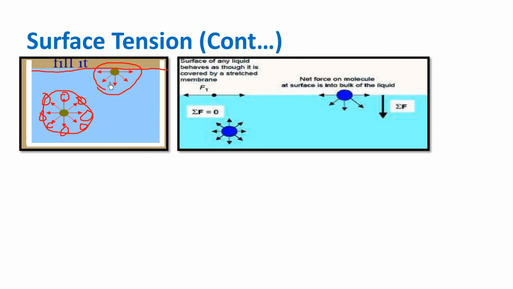But when you see here, this molecule has only 5 molecules attracting it, and at the top it doesn't have any molecules. In the first case the forces in all directions are equal, so the resultant force is 0 for this molecule. But coming to the surface molecule, there is some resultant force which is definitely not equal to 0.